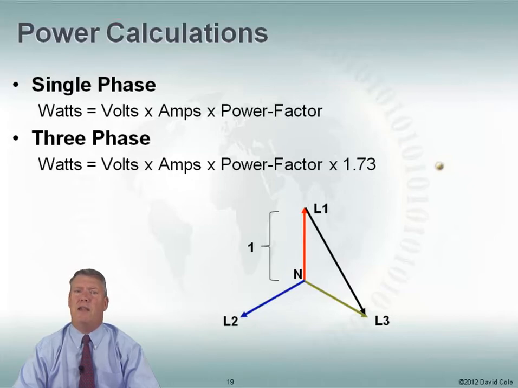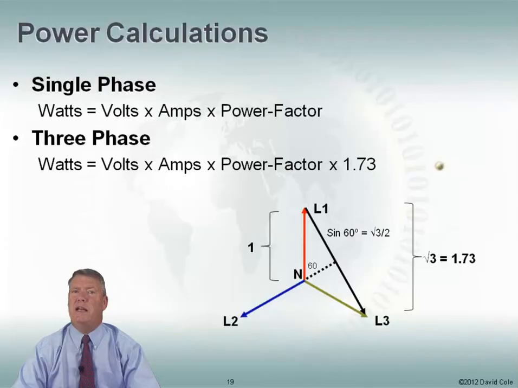Well, let's do a little math here. I know that the phase difference between line 1 and line 2 and line 3, they're all separated by 120 degrees. If I cut that in half, I have a 60-degree angle. I remember a little bit of trigonometry. I know that the sine of 60 degrees is square root of 3 over 2.